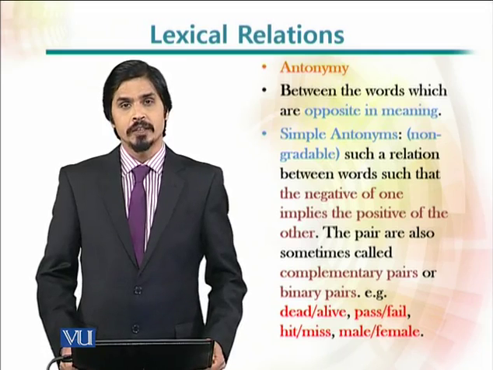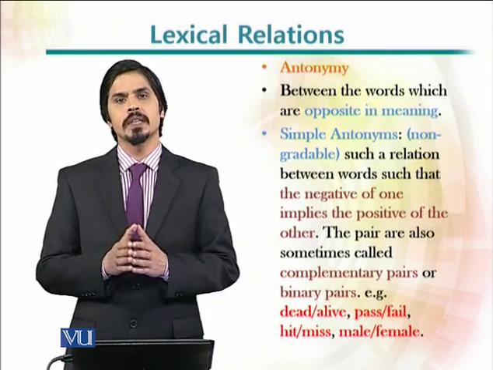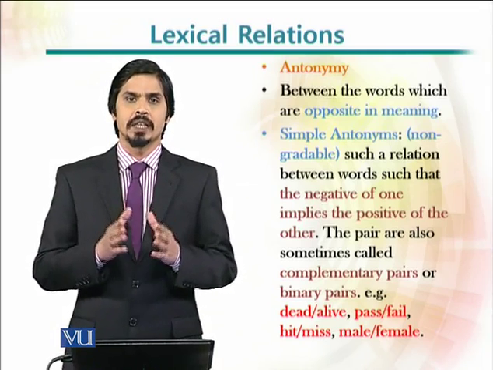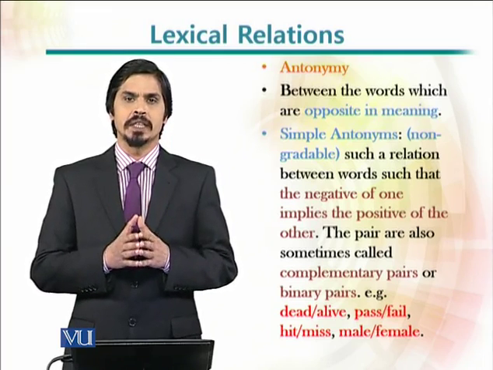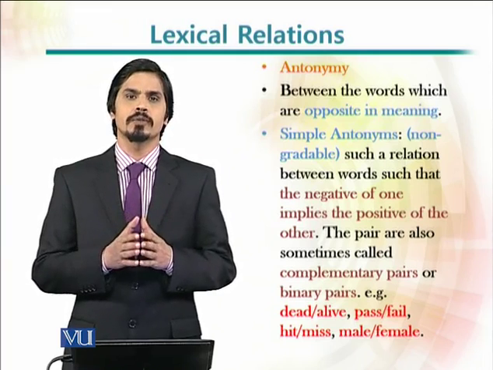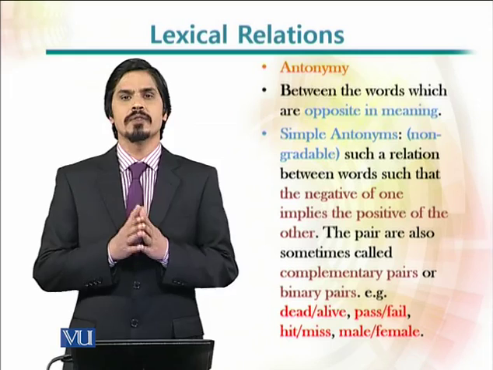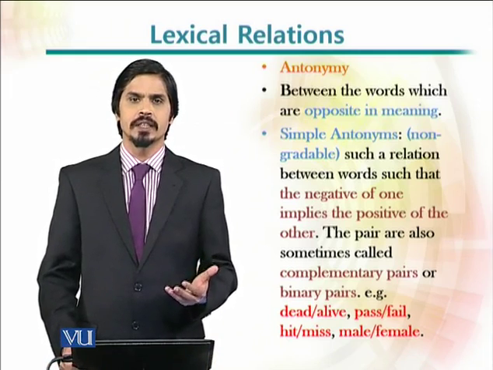There could be simple antonyms or non-gradable antonyms, which imply those words or the meanings in which the absence of one means the presence of the other, or the negative of one means the positive of the other. For example, alive, dead. If somebody is not alive, he's definitely dead.